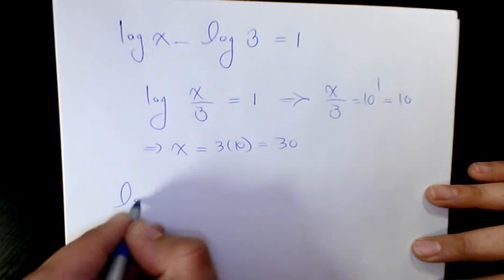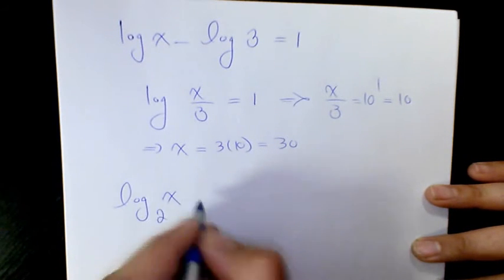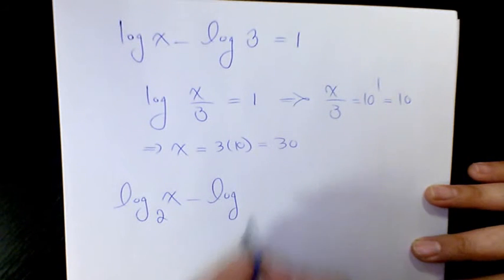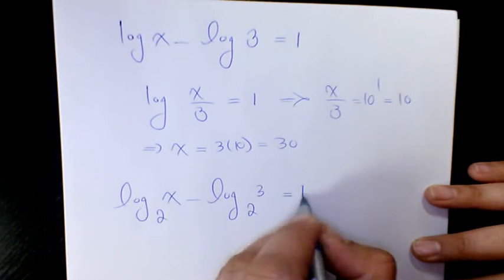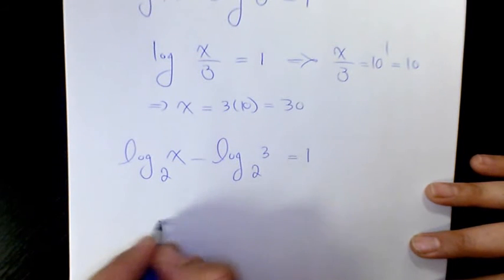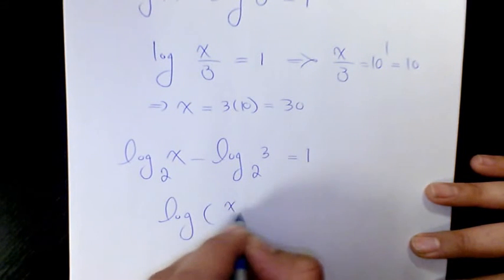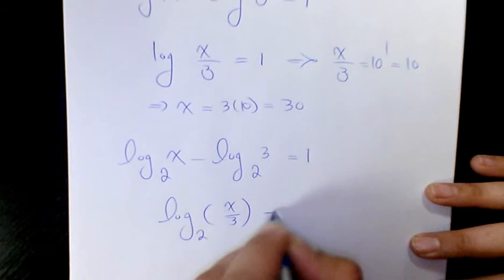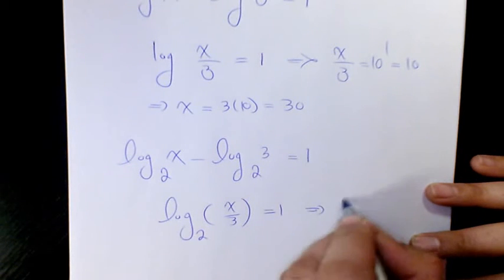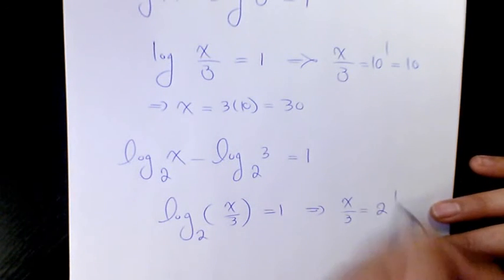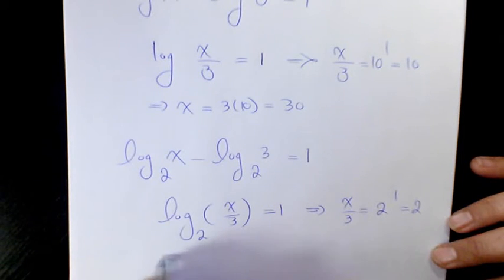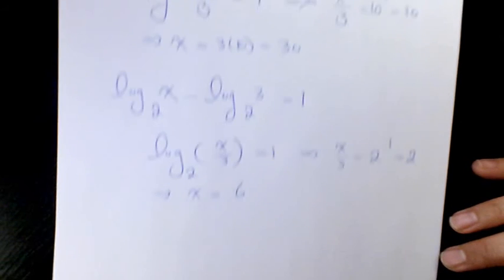Another example, log x base 2 subtract log 3 base 2 equals 1. We can say log x over 3 base 2 equals 1. Therefore, x over 3 is 2 to the power of 1, which is 2. So x will be 2 times 3, which is going to be equal to 6.